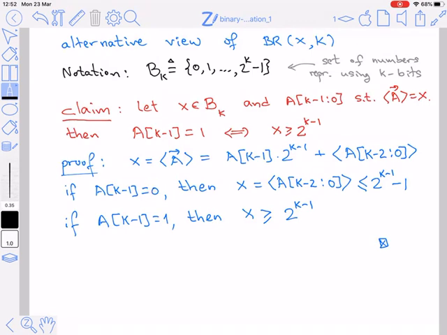If it's 0, then we know that x equals this part, and this part cannot be too big. It's bounded by 2 to the power of k minus 1 minus 1. If a sub k minus 1 is 1, then just this part alone equals 2 to the power of k minus 1, and this part is not negative, so x is greater than or equal to 2 to the power of k minus 1, and this completes the proof.